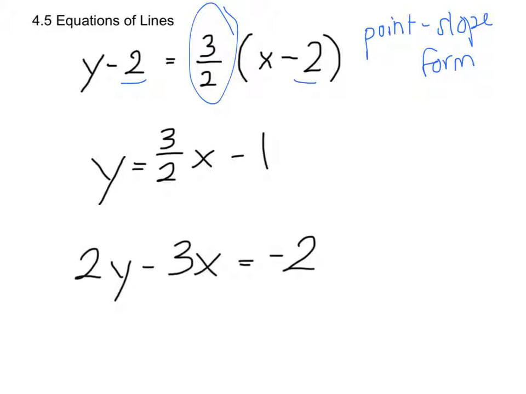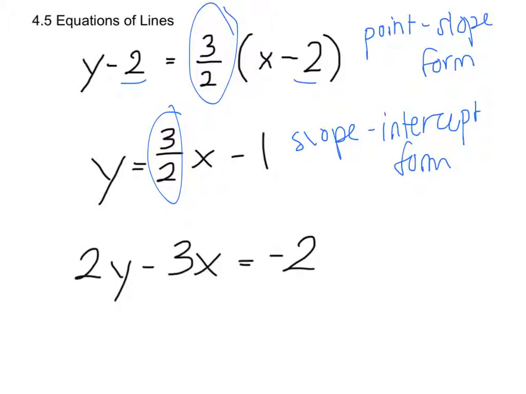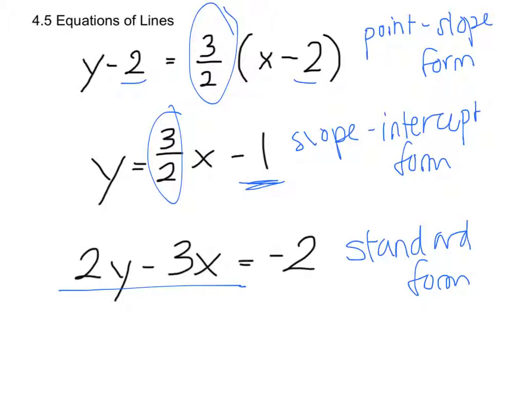The second one is in slope intercept form, because we have the slope here and we have actually the y-intercept here, which we'll talk about more later. And then this is in standard form, because there are no fractions in the coefficients of the variables.